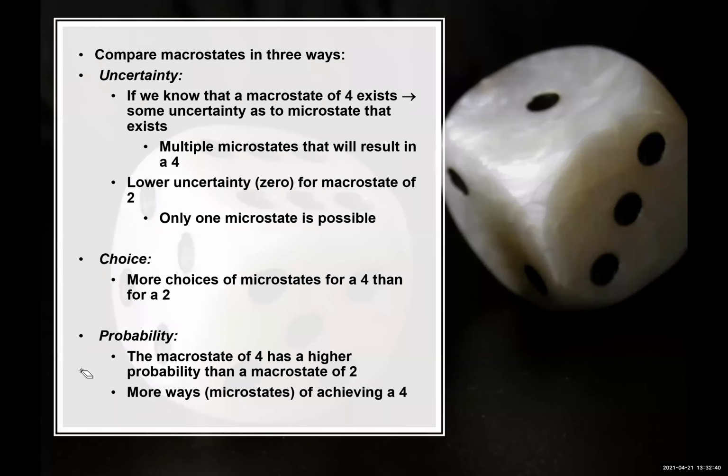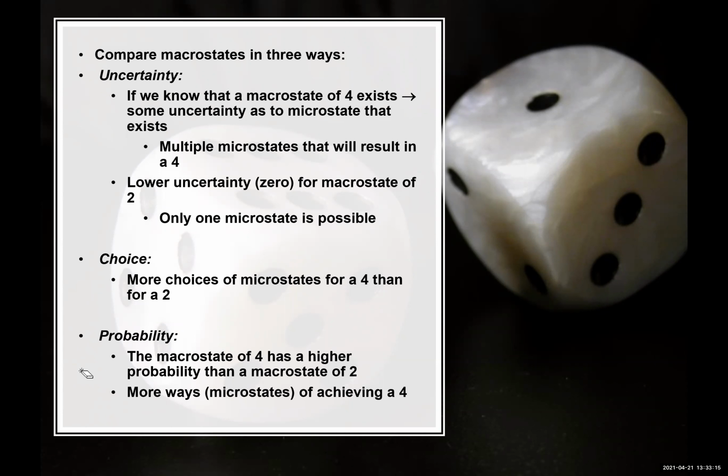Here's one example. Imagine you have a dice. So you have six-sided dice, and you want to see what is the probability of getting a 4. That means when you roll two six-sided dice, what is the probability of having four?